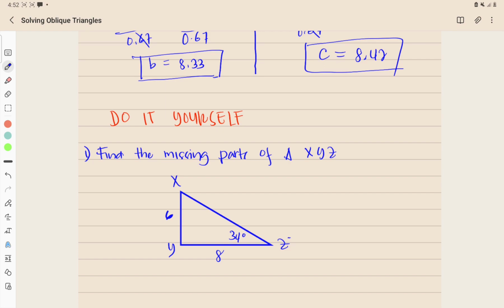Okay, so for your practice, to check your understanding, you can solve triangle XYZ yourself, so you can have more practice to internalize the concept of using the sine law.